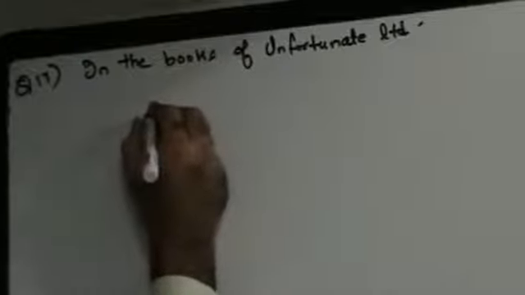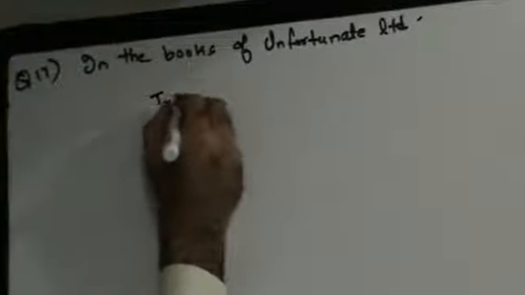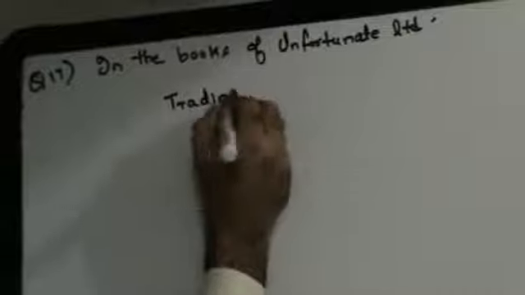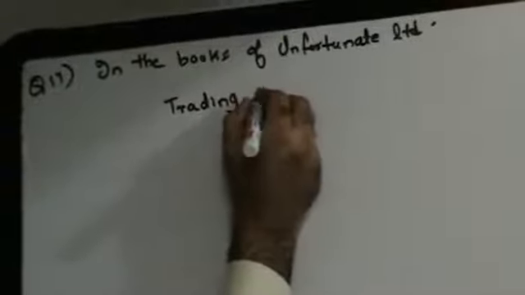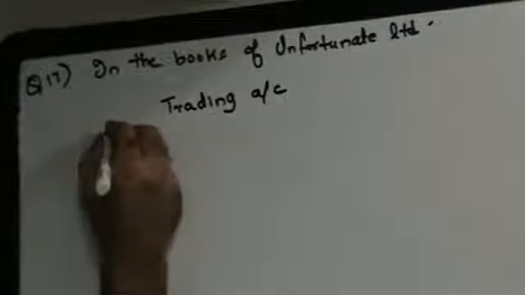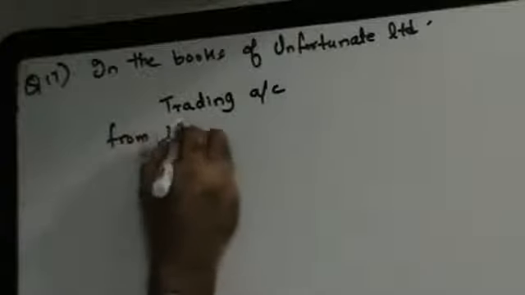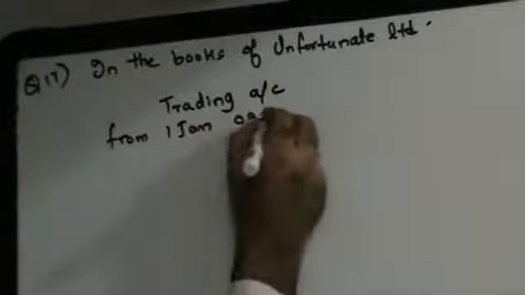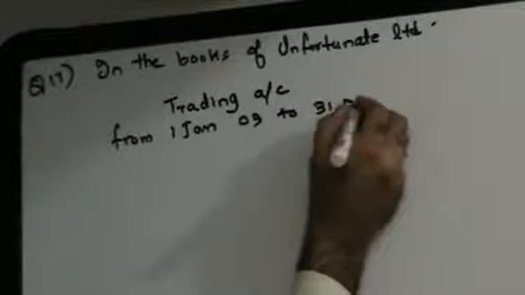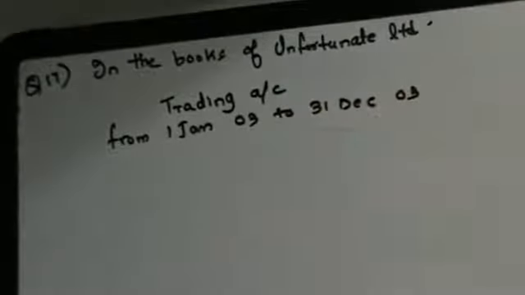That means I need to make a trading account and a memorandum of trading account. Trading account is going to be my account for the last year, from 1st Jan 03 to 31st December 03, and memorandum.